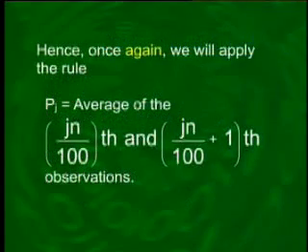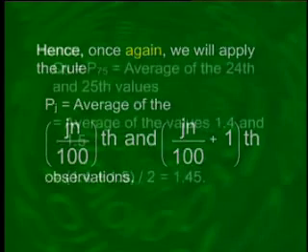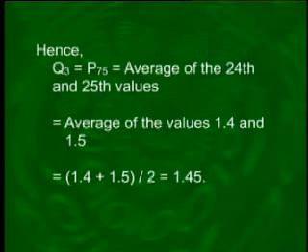Therefore, once again, we apply the same rule, and we need to find the average of the jn by 100th, in other words, the 24th, and jn by 100 plus 1th, in other words, the 25th observation. So, students, in our ordered data set, the 24th value is 1.4 and the 25th value is 1.5, and therefore, finding the average of the two, our third quartile comes out to be 1.45.